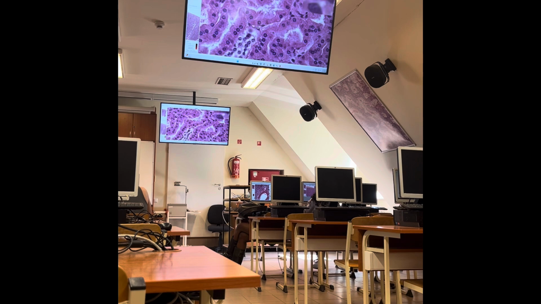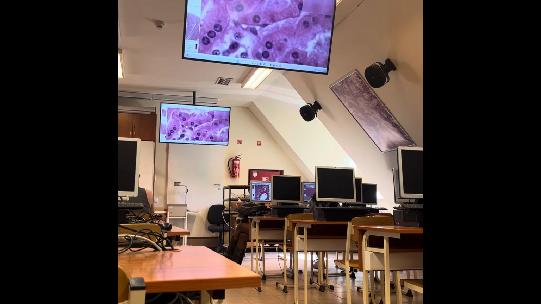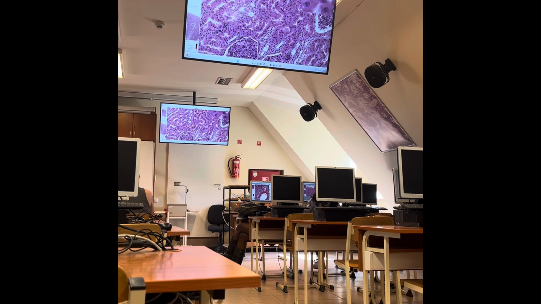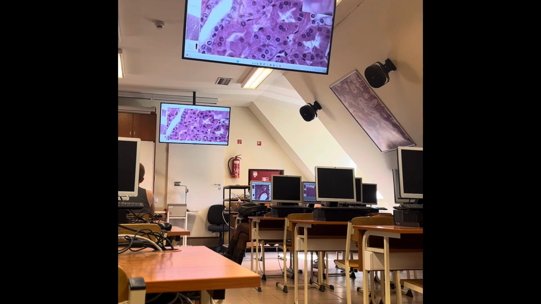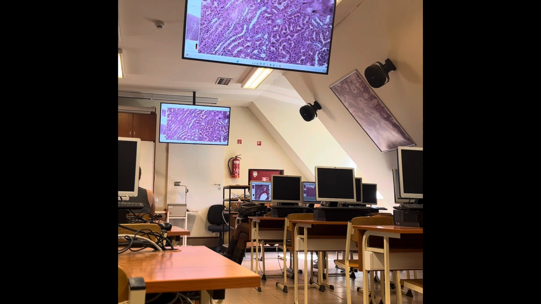Here, if you look in between the tubules, you can see some endothelial cells and blood vessels. Many times the lumen is empty, but sometimes you can see the formed elements of the blood in these capillaries. So there is a rich network here, the peritubular capillary system, that will receive the reabsorbed material from the tubules, and they are lined by fenestrated endothelium.